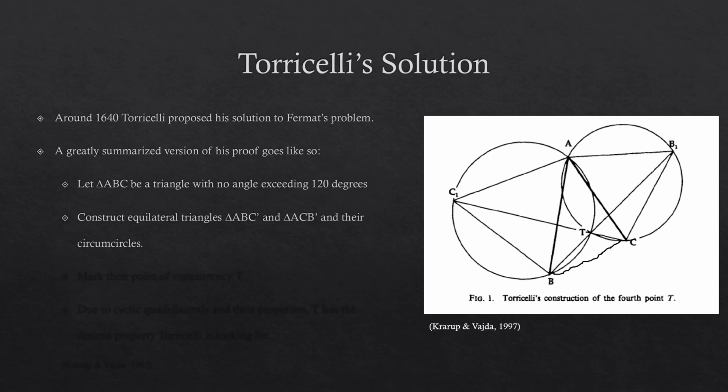Construct equilateral triangles ABC prime and ACB prime and their circumcircles. So we got A, B, C prime. We got A, C, B prime. And then we got their circumcircles right here.